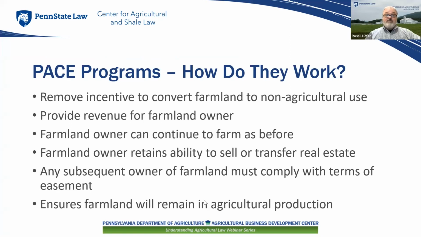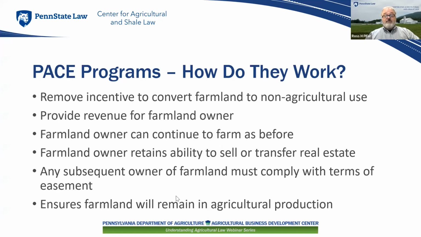So it certainly removes the incentive to convert farmland to other uses, because it's providing revenue to the owner of the land so that they can continue to farm as they have been and as they intend to do in the future. They can still sell or transfer the real estate to a family member or a non-family member, but that easement is going to run with the land and is going to impose obligations on a subsequent owner.